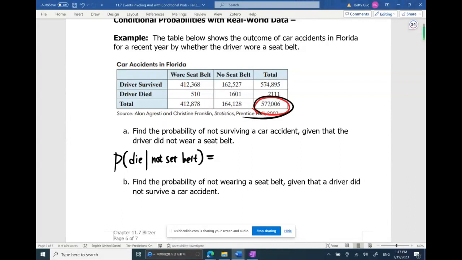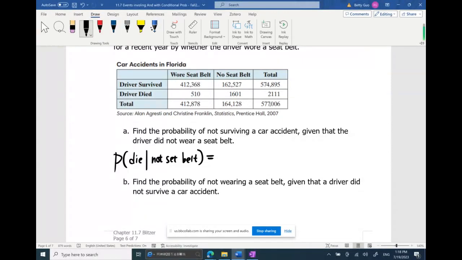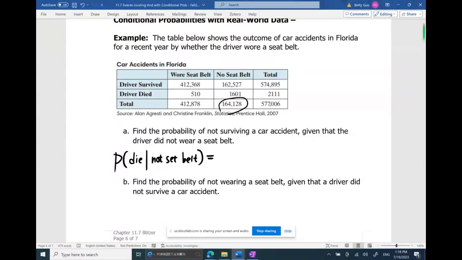So are we still using this as the denominator? No. Our sample space shrunk, because we already know the driver did not wear a seatbelt. Those people who were wearing a seatbelt, you would not consider them.